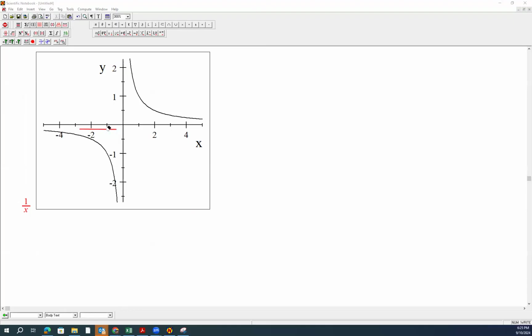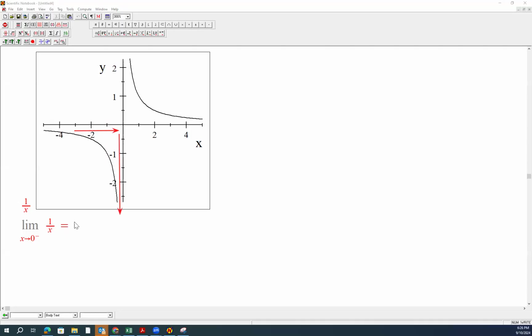Okay, in this case, the limit as x approaches 0 from smaller than 0 of negative 1 over x is going to approach negative infinity, because you see that the output is going to negative infinity.